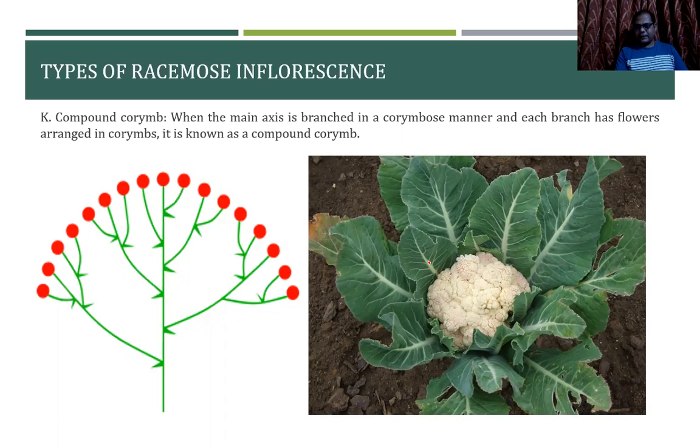If we cut a vertical section of the cauliflower, we will find that there is a main peduncle, and from this the different pedicels originate, and further flowers are there. The youngest flower will be towards the center, and the oldest flower will be towards the periphery. This is what we call the compound corymb, and the finest example that we have is the cauliflower.